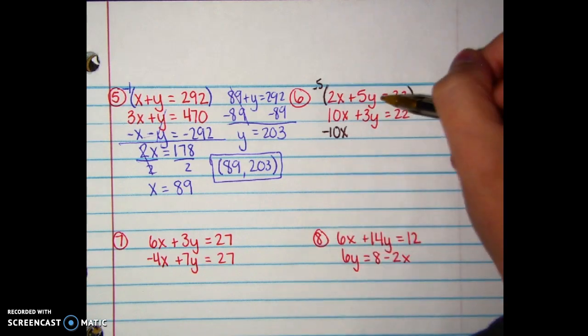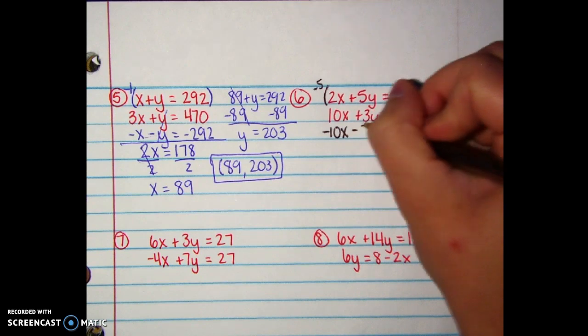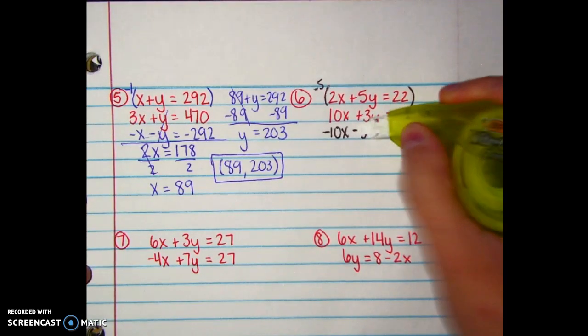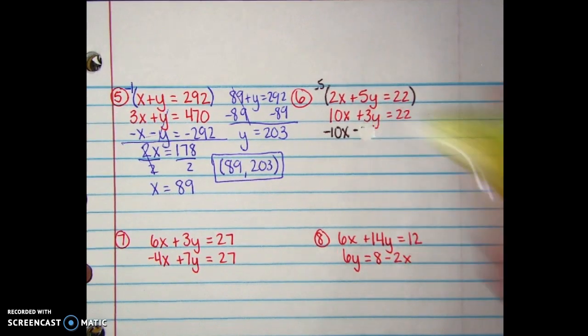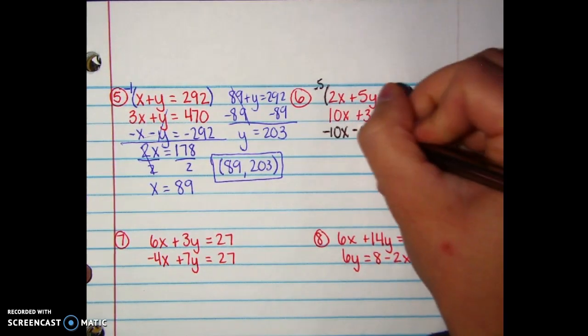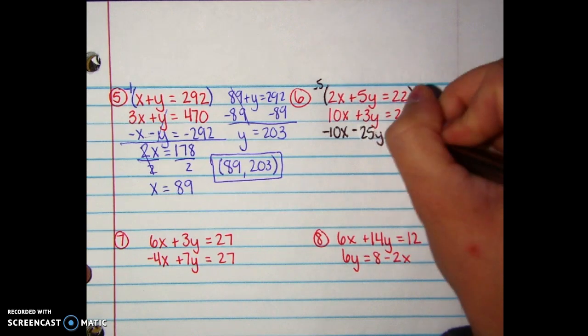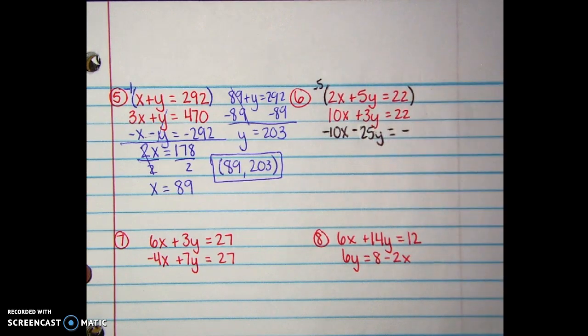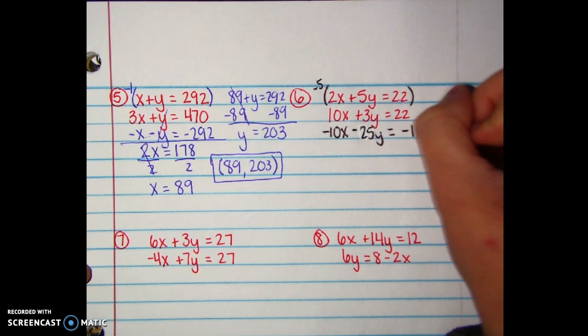So negative 5 times 5y is minus 25y. Equals negative 110.